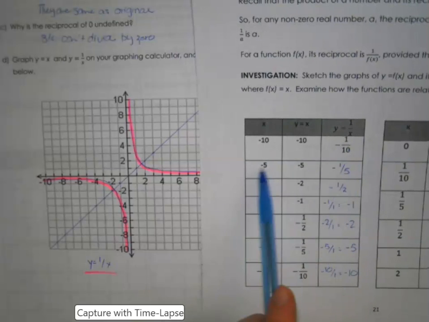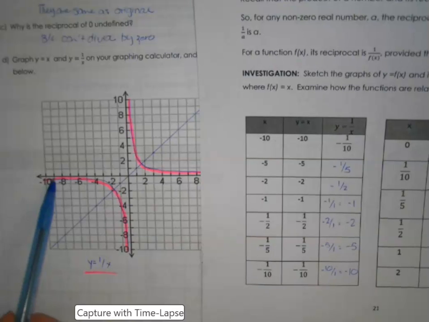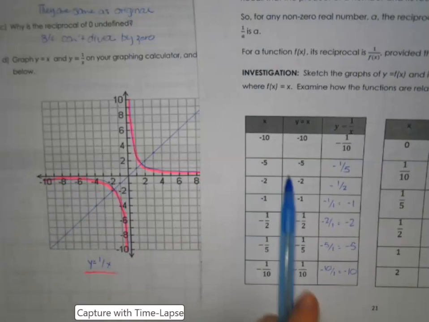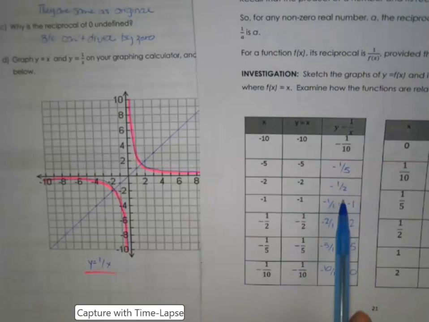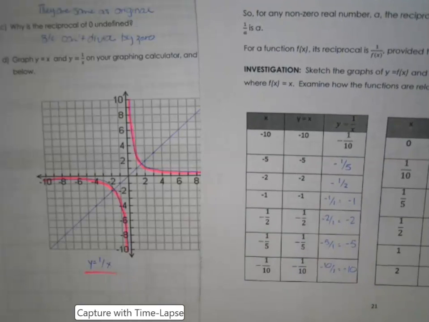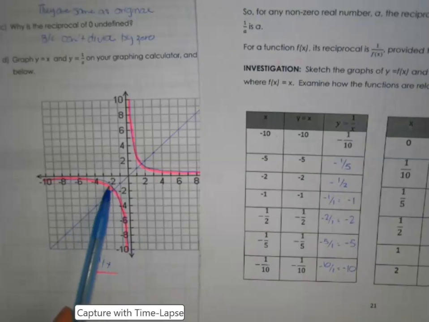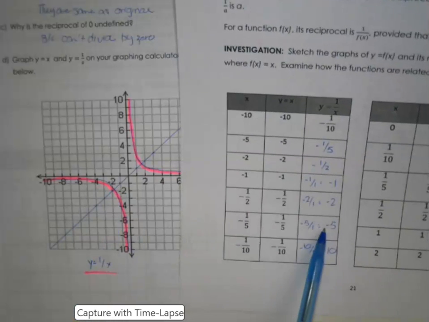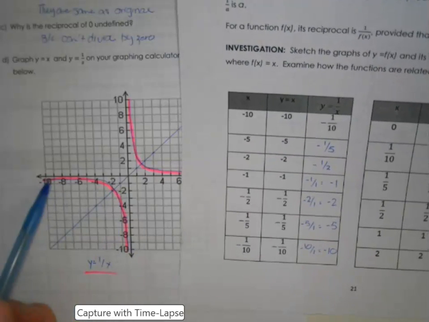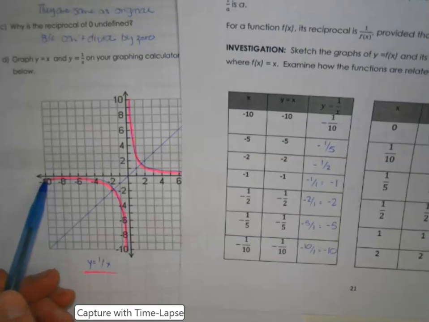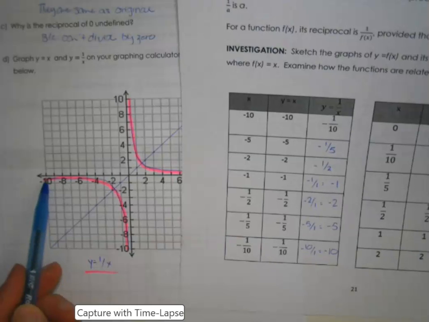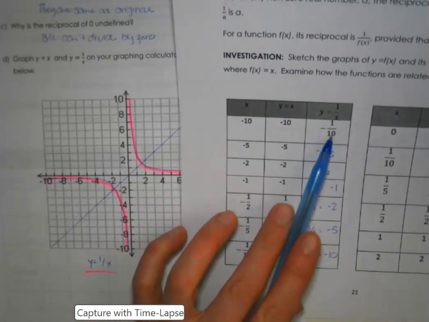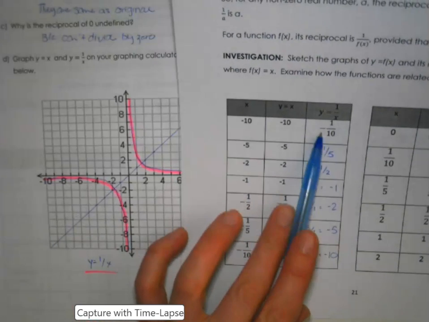And then as we increase our values for x, getting closer to 0, we see that our fractions become larger, going to negative a fifth, negative a half, negative 1, negative 2 for our y values, and then negative 5, negative 10. So along the x-axis, for these high negative x values, our y value is going to be the reciprocal, which is increasingly small fractions.